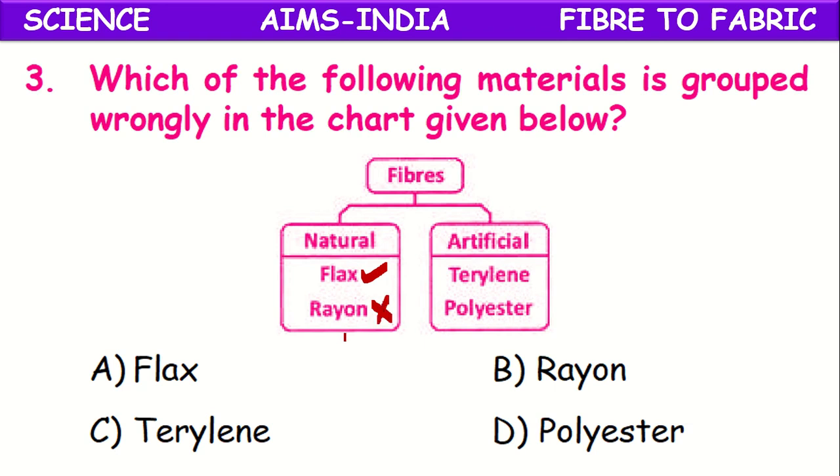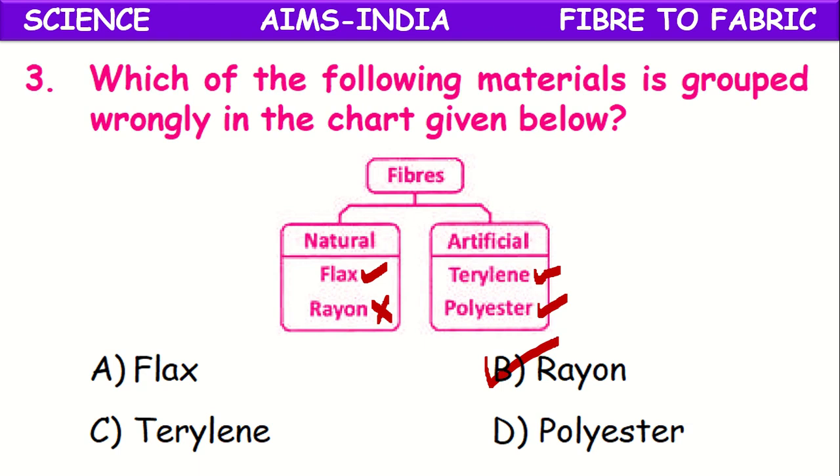It is an artificial or man-made fiber, but it is placed under the natural fibers, so it is wrongly placed. Terylene is an artificial fiber. Even polyester is also an artificial fiber. Now, the fiber which is placed wrongly is rayon, which is an artificial fiber but not natural.